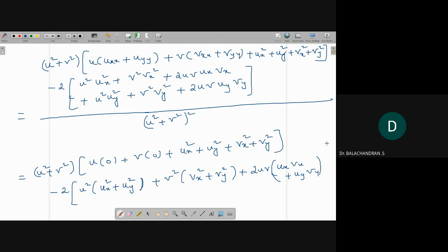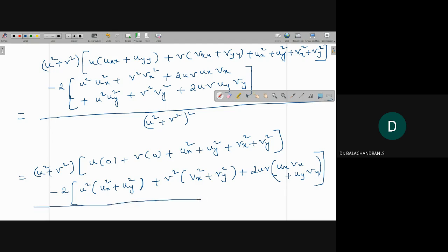Close the bracket, and close this square bracket. So now the numerator you have what? I forgot the denominator. So u square plus v square whole square.